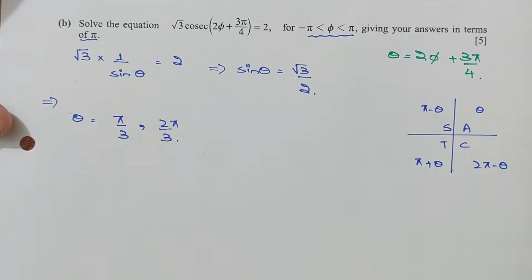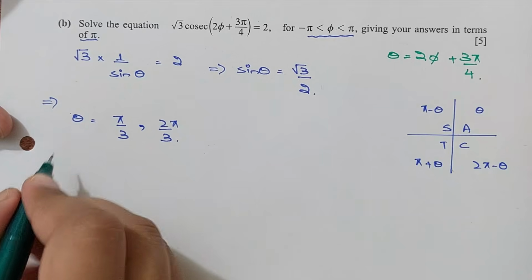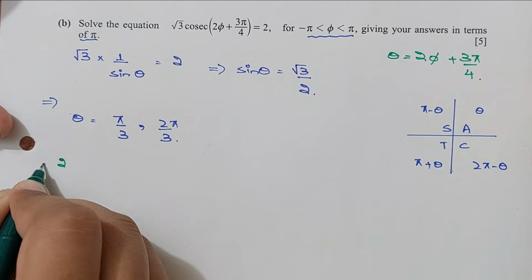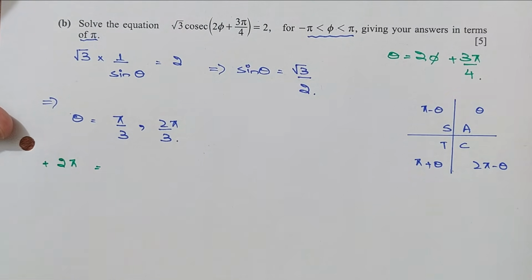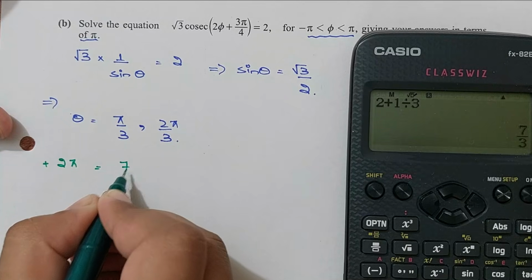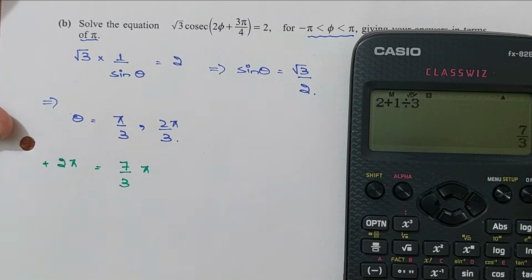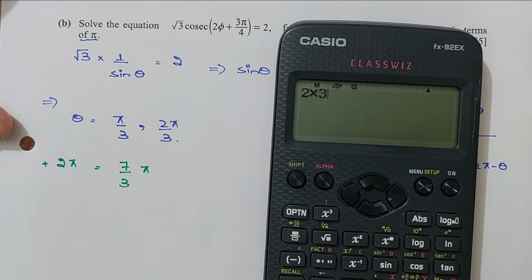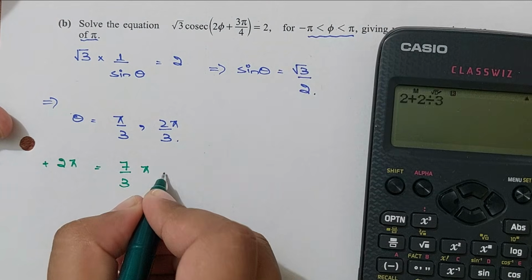All right. Okay, since there are 2 revolutions, let me add 2 pi to the theta values. Adding 2 pi's. So to pi by 3, let me add 2 pi. So 2 plus 1 over 3 is 7 pi by 3. And 2 plus 2 by 3 is 8 pi by 3.